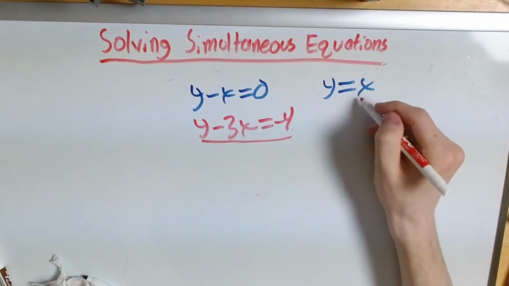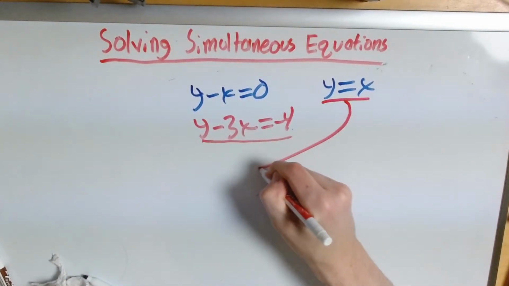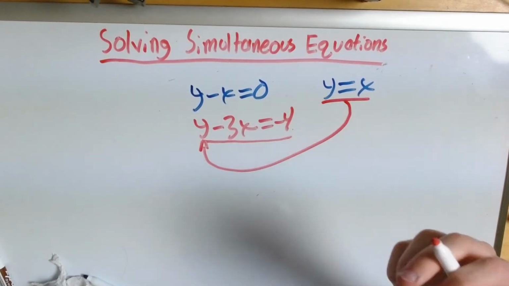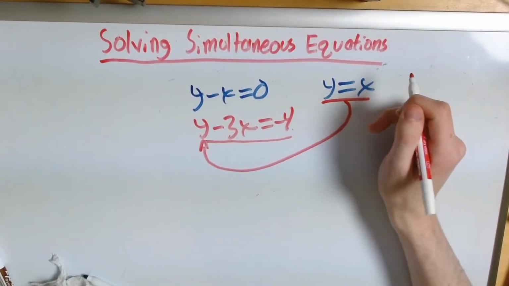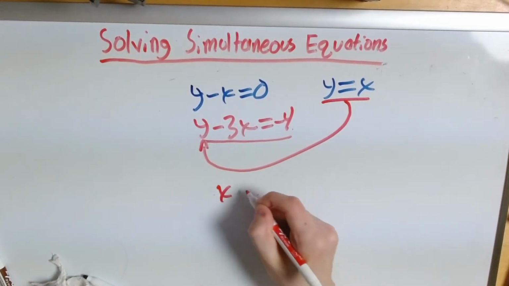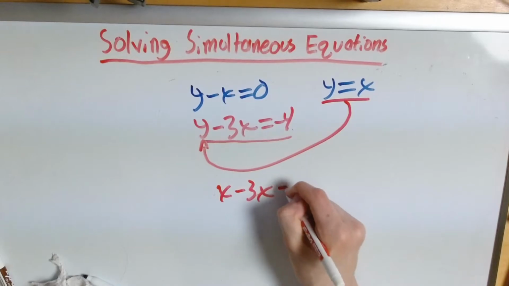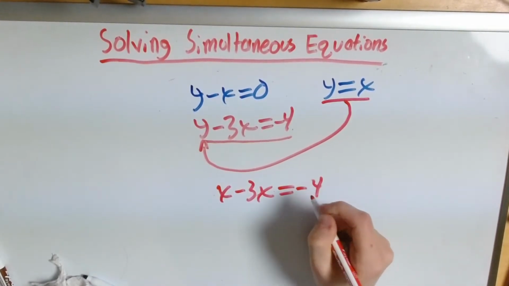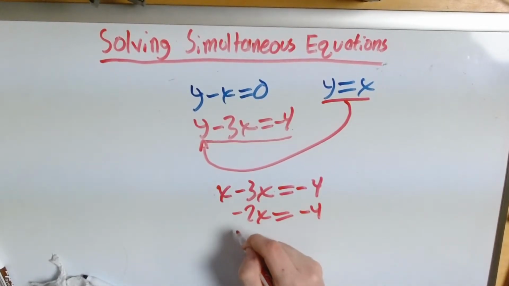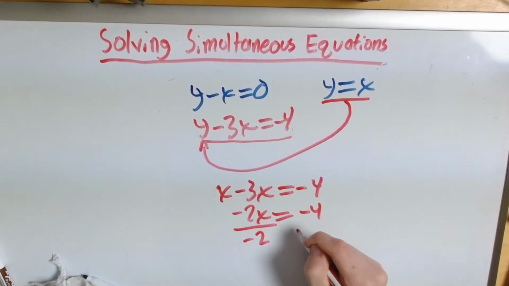So I'm going to do that. I'm going to take this in here, and I'm going to replace that y, or substitute that y, with an x, since we know y equals x. Right, so I'll have x minus 3x equals negative 4. That's negative 2x equals negative 4. And then I'm going to divide by negative 2.